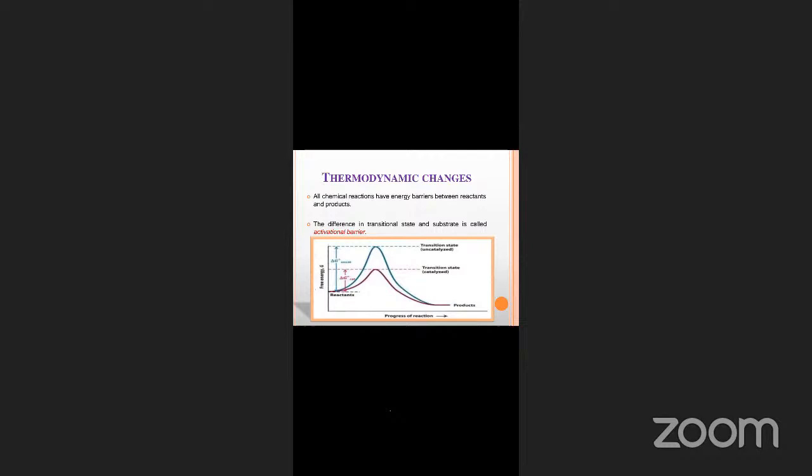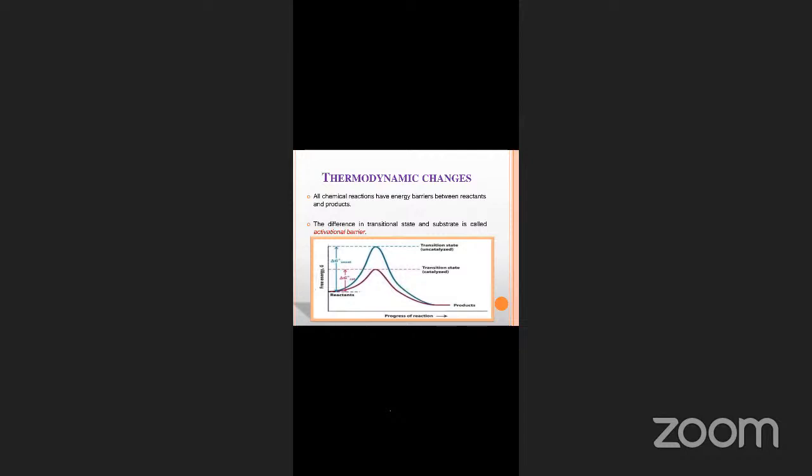That means we have not added any catalyst, whether it's a chemical reaction or a biochemical reaction. No catalyst is involved. So here, the substrate requires a lot of energy to convert into product. Whereas in the second reaction, the catalyzed reaction, the red color peak, it is almost half. The activation energy required for the conversion of substrate into product is only half.